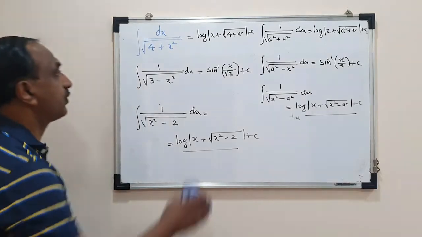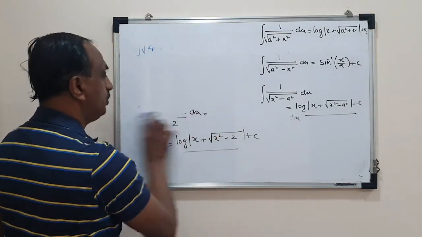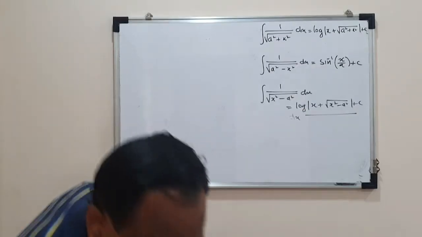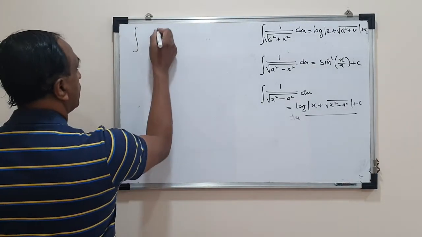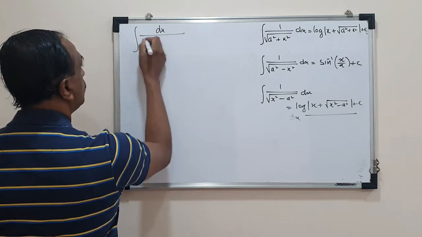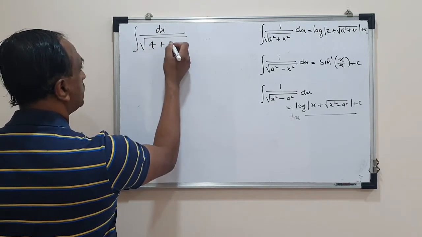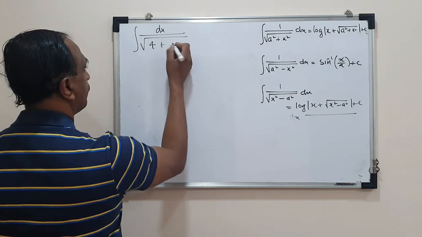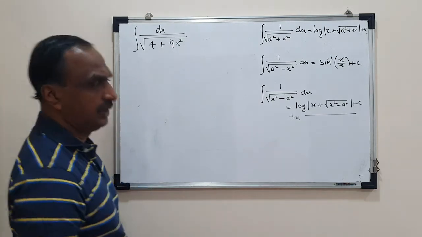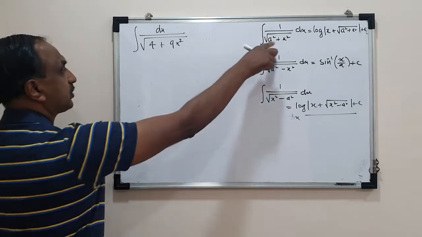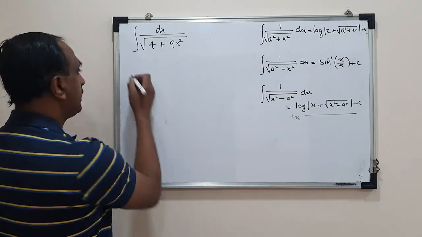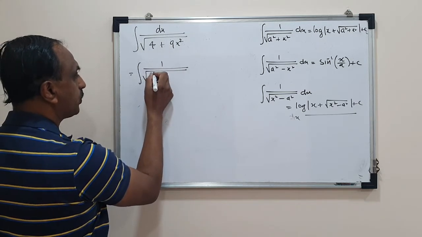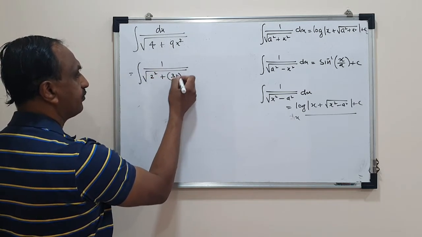Now let's see the next type of question, where I am going to have x square as dx upon, let's say, root of 4 plus 9x square. In this case, it is of this kind. The only thing I must remember here is that 1 upon root of 4 is nothing but 2 square, 3x square.